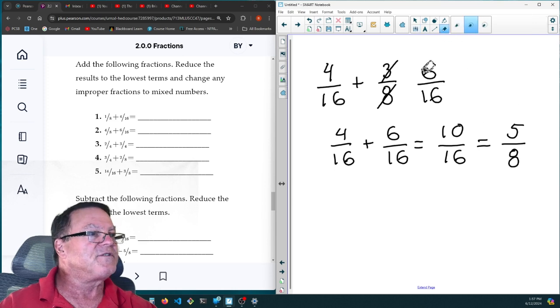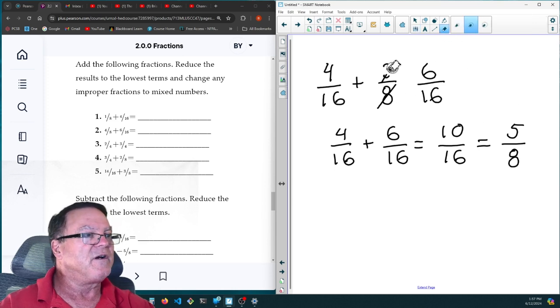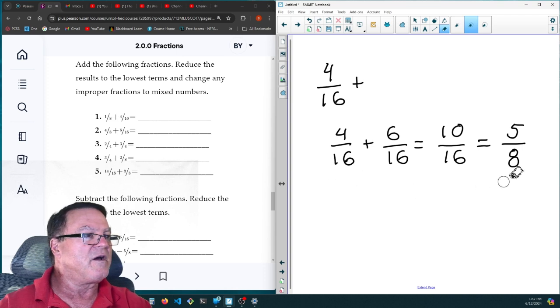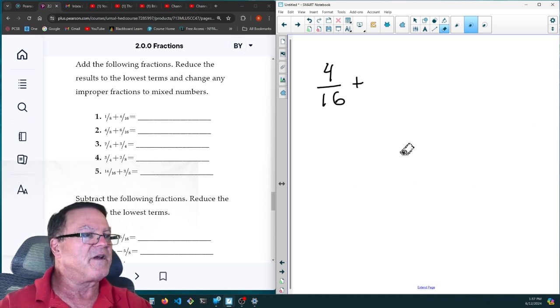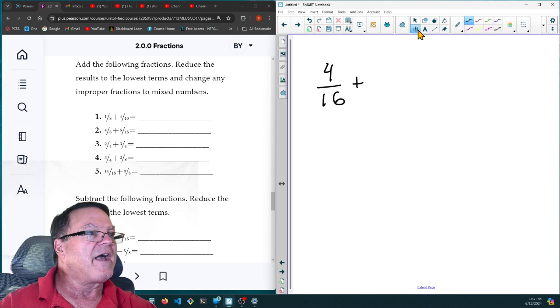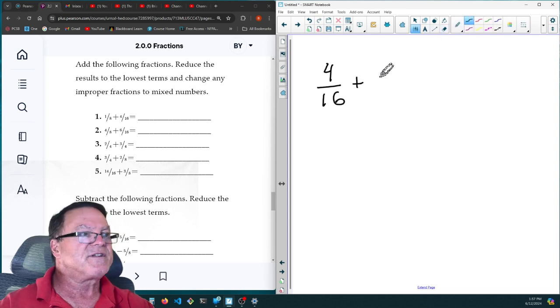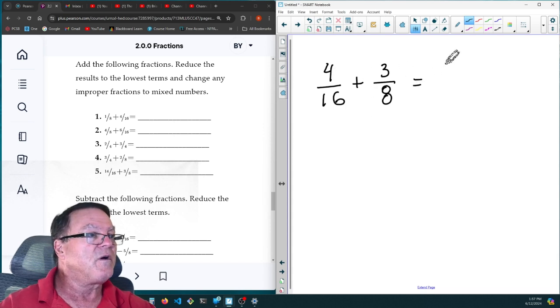Now, if I had wanted to, originally, what I could have done was say 4/16 plus 3/8. I'm going to reduce 4/16 to 2/8. 4 divided by 2 is 2, and 16 divided by 2 is 8.